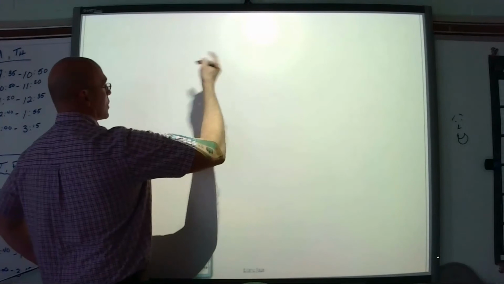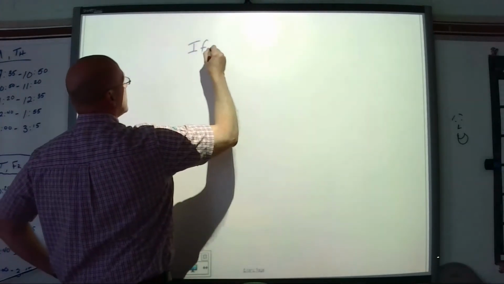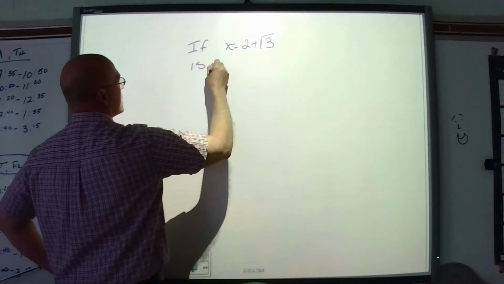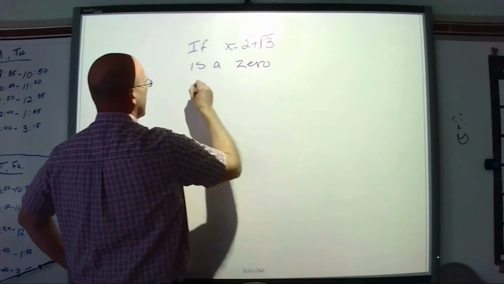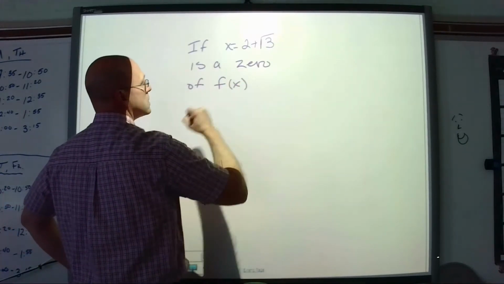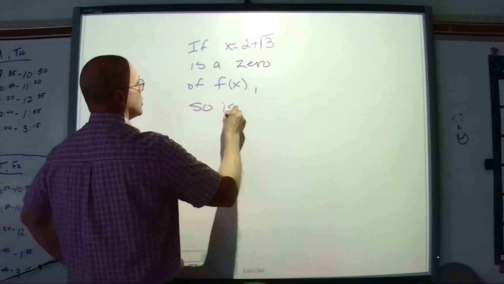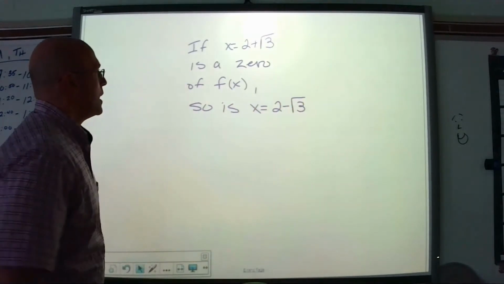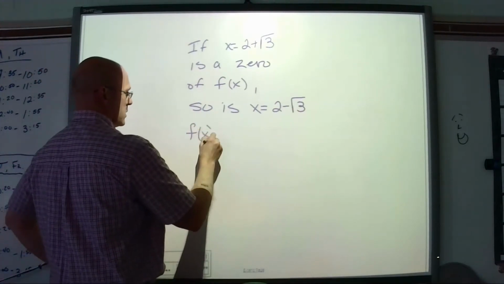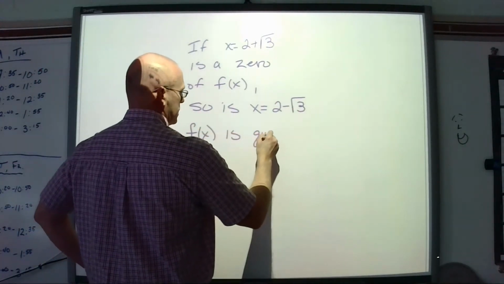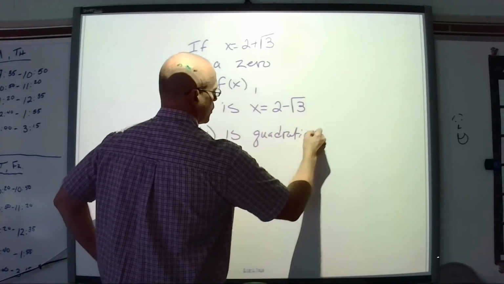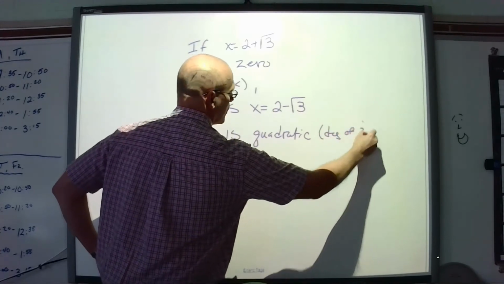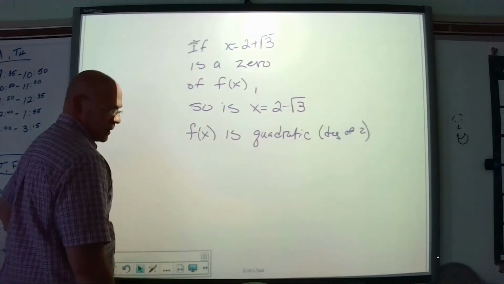So, what do I know? If x equals 2 plus the square root of 3 is a zero of f of x, so is x equals 2 minus the square root of 3. And if I told you f of x is quadratic, which means it has a degree of 2, you then could find the polynomial.